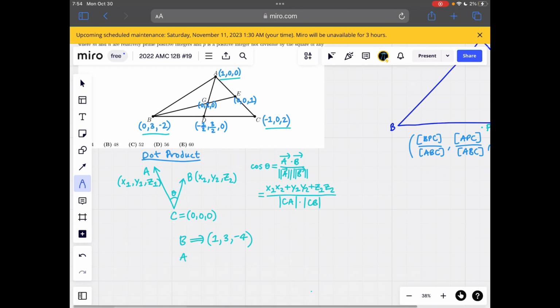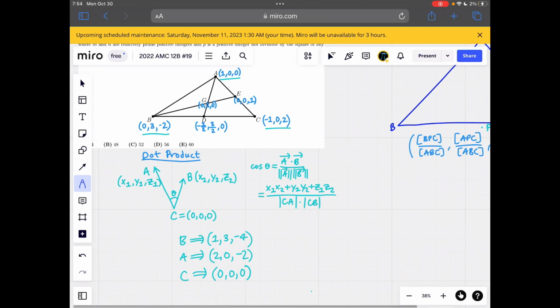And A, after the shift, would get mapped to the point 2, 0, and negative 2. And C would obviously end up at the origin, 0, 0, 0.